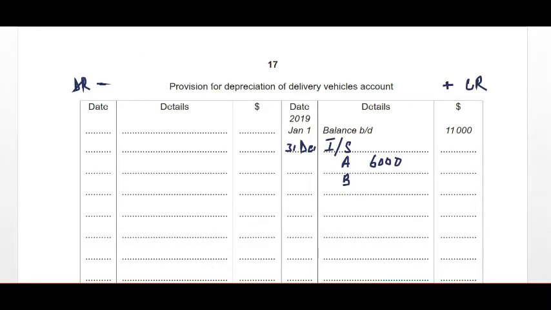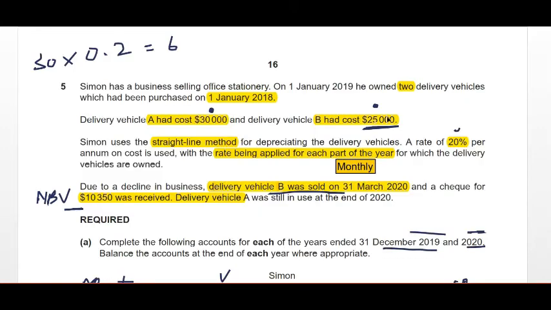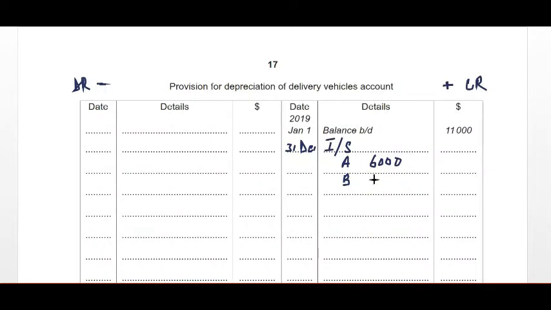And for motor vehicle B, the cost was 25,000, and again 20% on 25,000 will be 5,000. Now once we add them up, we get the total amount of 11,000.